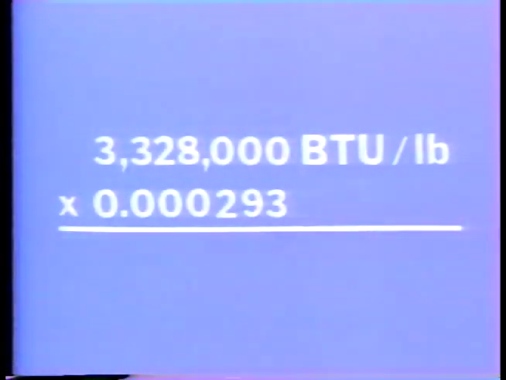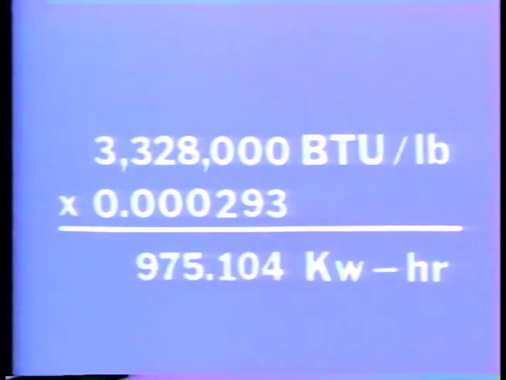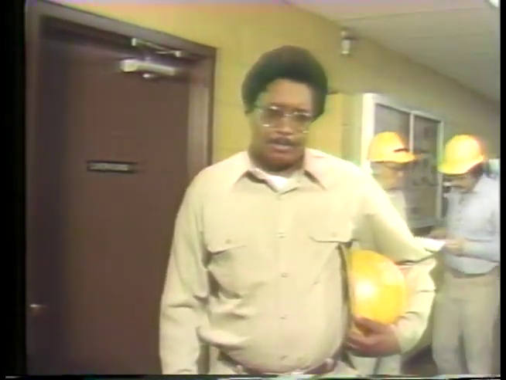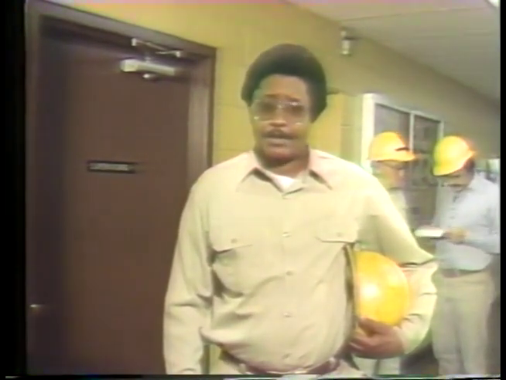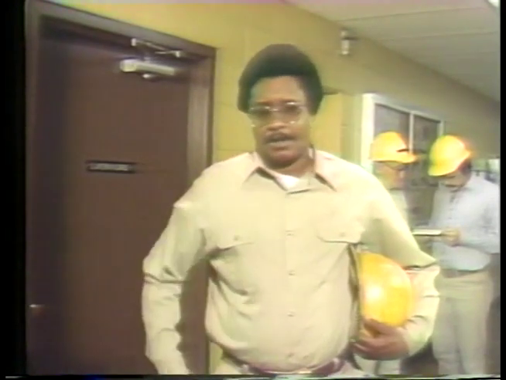So, multiplying 3,328,000 BTUs by 0.000293, we find that about 975 kilowatt hours are lost when the steam temperature is 5 degrees low for 1 hour. Now, if you take this number and multiply it by your cost per kilowatt, you'll see just how significant a 5-degree loss in superheat is in terms of dollars and cents.